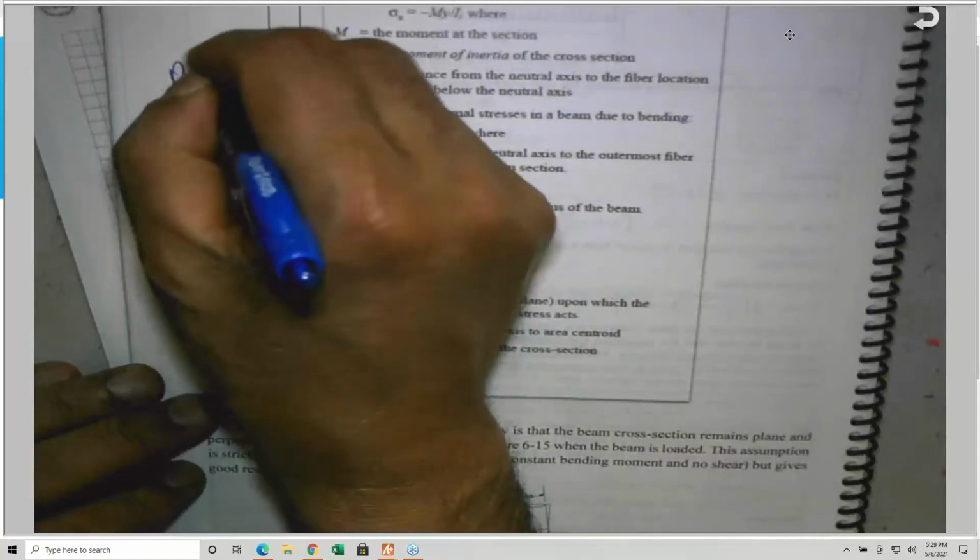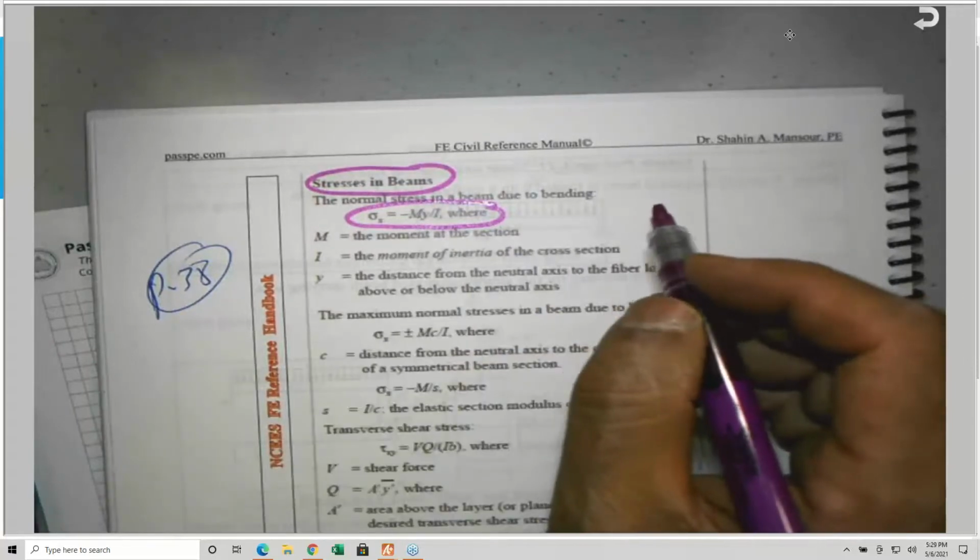If you flip the page, if you go to page 38 of the chapter, it's called stresses in beams. So sigma x is equal to negative M y over I. Let me stick with the notation they are using, M y over I, and they put a negative here.